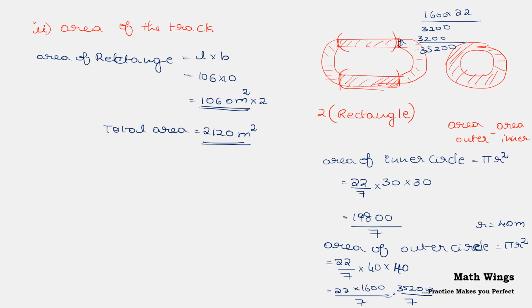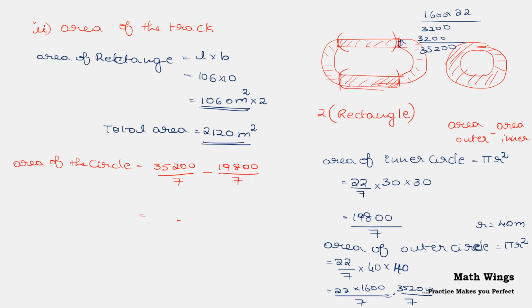Now let us find the area of the circular track. Whatever we have here, I'll just name it as the area of the circle. That is equal to 35,200 by 7 minus 19,800 by 7.